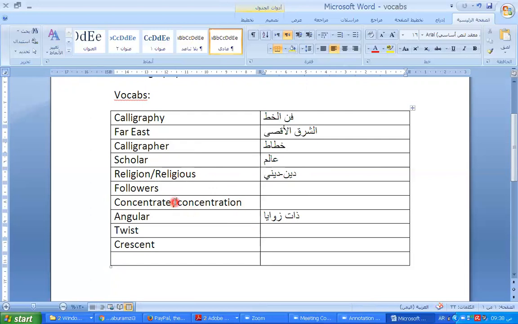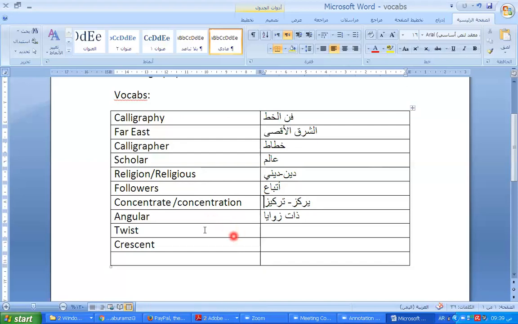Followers, متابعين، أتباع ومناصرين, something like this. Also we have concentrate as a verb, concentration as a noun. We said it's important to focus on how we can change a word from noun to verb, or from adjective to verb, from adjective to noun. So تركيز، يركز، concentration, concentrate.